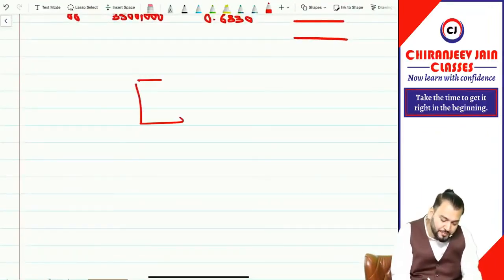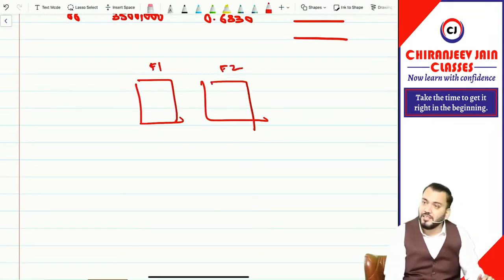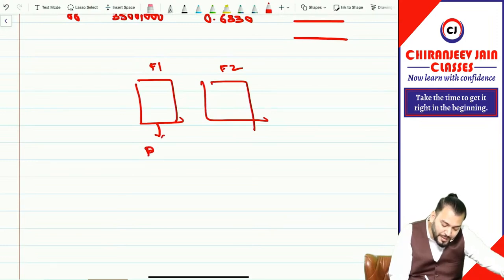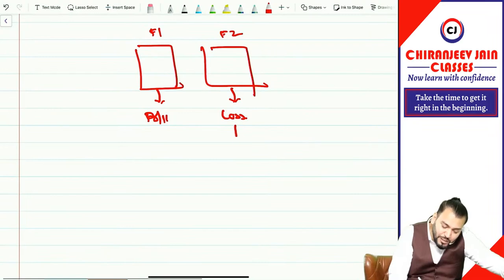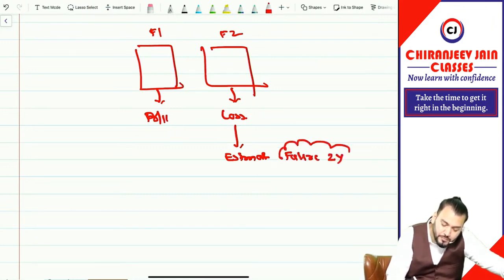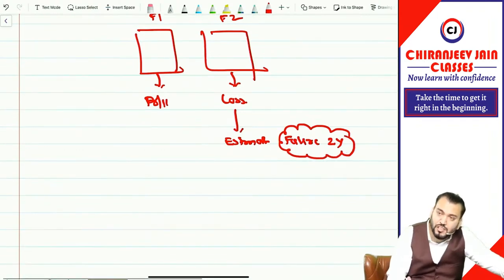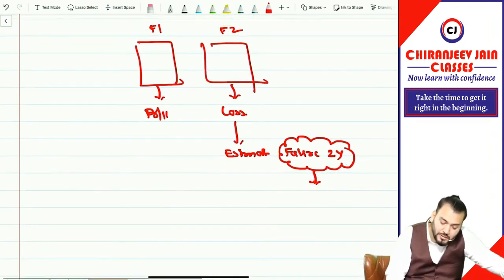Suppose you have two factories, Factory 1 and Factory 2. Factory 1 is profit making. Factory 2 is loss making. And what you have estimated in the future 2 years is that there will be an operating loss of 20 lakh.